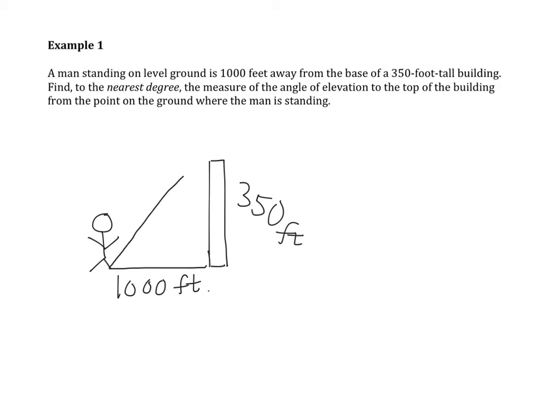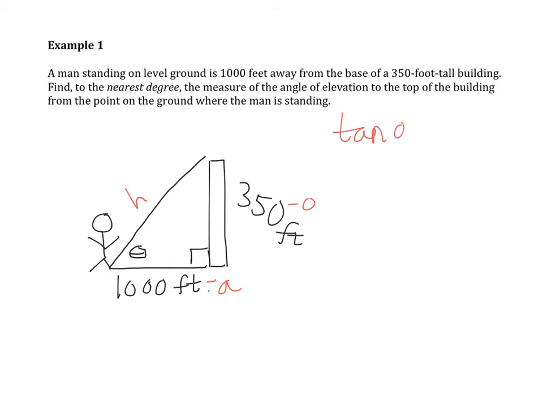I end up with a right triangle, and we're asked to find to the nearest degree the measure of the angle of elevation, so that's going to be down here. So here's my hypotenuse from the man, or the angle that is. I've been given the opposite, and I've also been given the adjacent, so that deals with the tangent function.